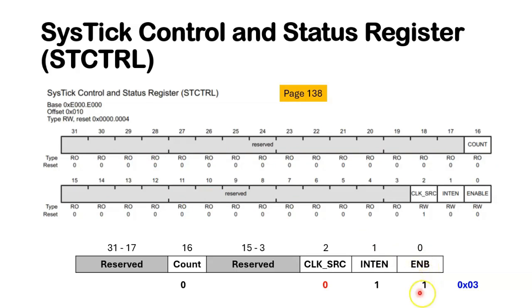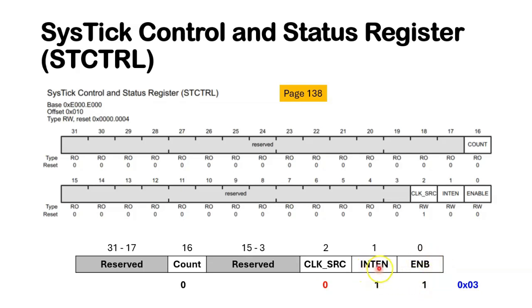This is set to a 1. By the way, 03 translated to binary is this one here. So ENABLE is set to 1. Basically, that enables the counter to load the reload value and begin counting down.